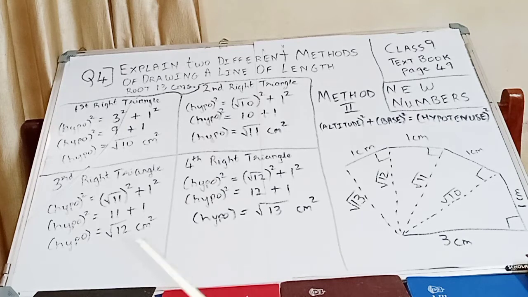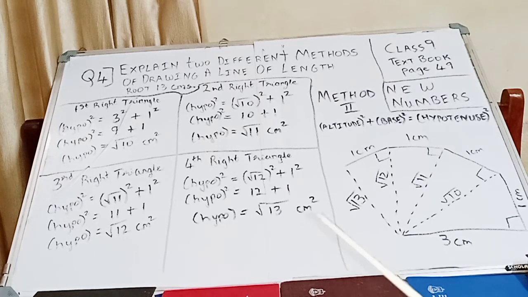The third right angle triangle's hypotenuse is the base of the fourth right angle triangle, and square root of 12 square plus 1 square, 1 is the height or the altitude. So square root of 12 into square root of 12 is 12 itself, plus 1 into 1 is 1. If you add this, you will get 13, and when this square is taken to the opposite side of the equal to sign, it becomes square root 13, and you have to put the unit.